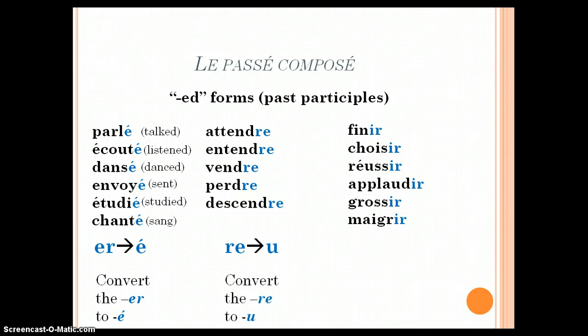So instead of attendre, entendre, vendre, perdre, and descendre, you have attendu, entendu, vendu, perdu, descendu. And again, since these are ed forms or the past participles, these mean waited, heard, sold, lost, and descended.